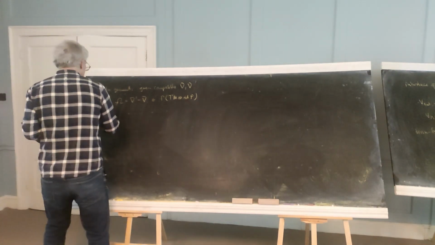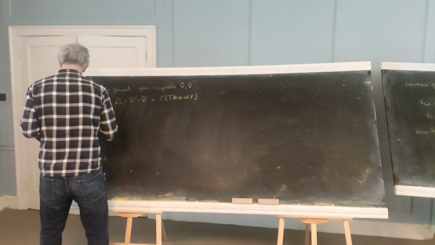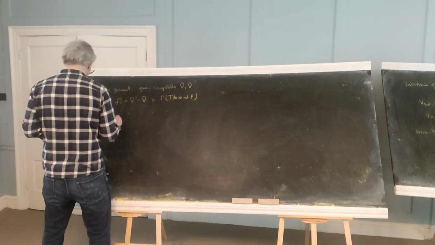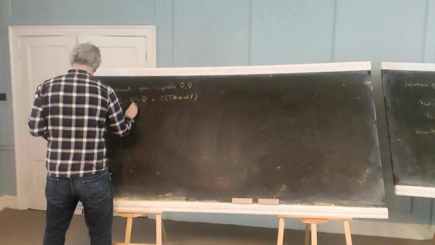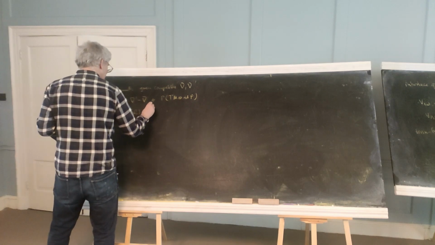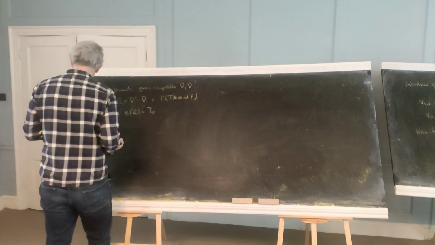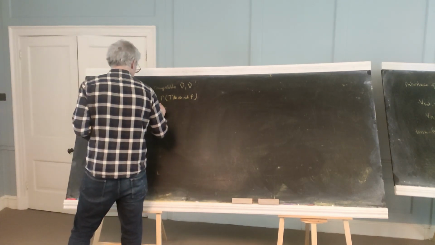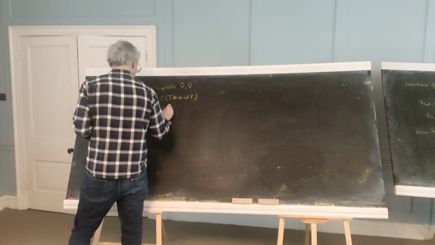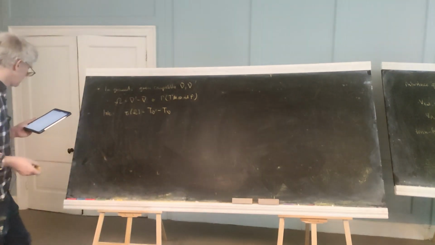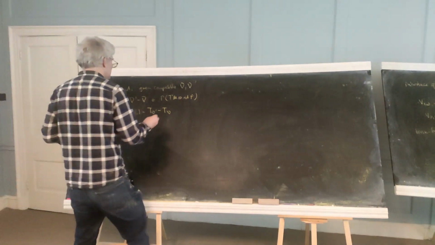And then if we define tau of omega to be the difference between these two torsions, then we get a map.